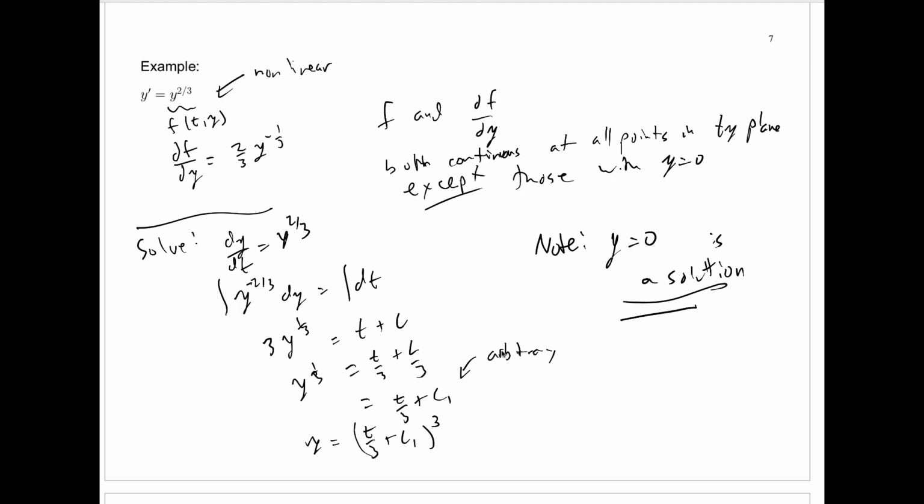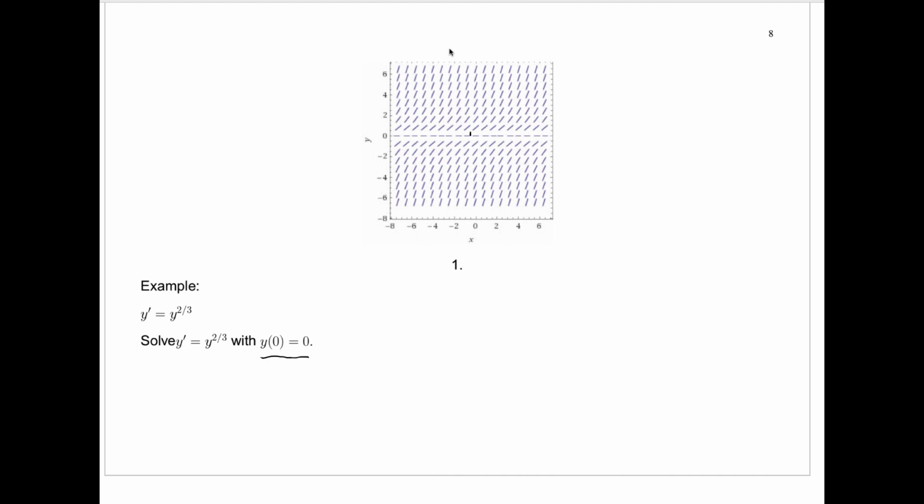So we have the 0 function, which is a solution, and we have all of these as solutions. So here's the point 0, 0. You see one solution, which clearly follows the direction field, is this 0 function solution. Just stay horizontal at the 0 function. The other solution is of the form y of t equals t over 3 plus c cubed.